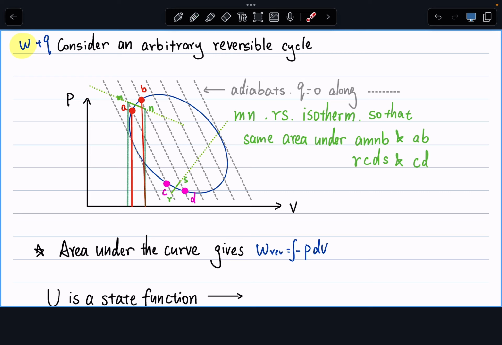We set that the area below A, M, N, and B, this zigzag area below that curve, is going to be the same as the area below my AB curve.